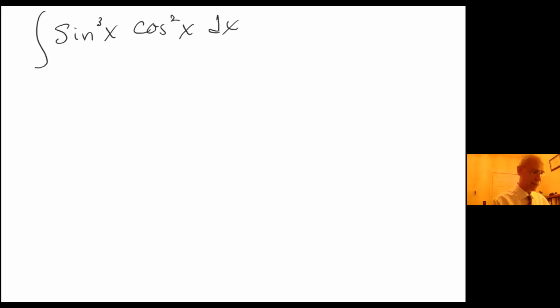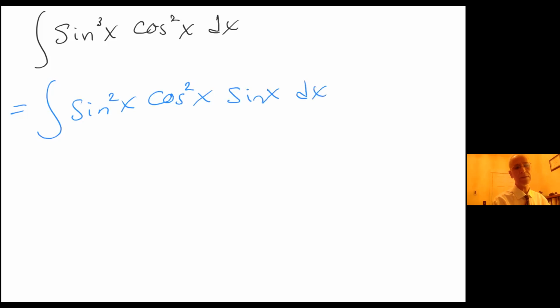So let me rewrite this as the integral of sine squared of x, cosine squared of x times another sine of x dx. I hope you agree with me that I didn't make any changes, because sine squared times sine of x is sine cubed of x. So no change was made.